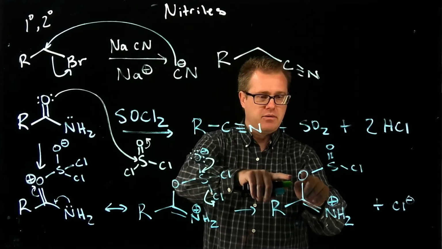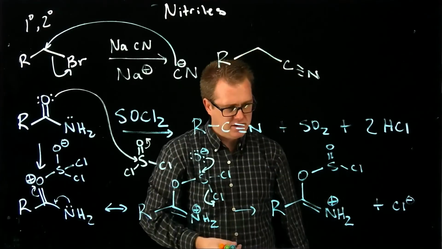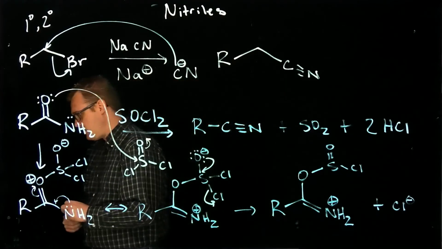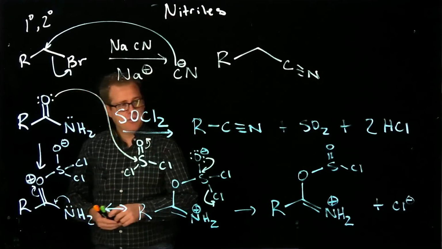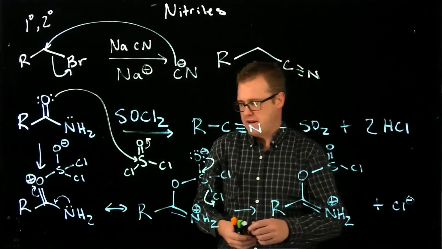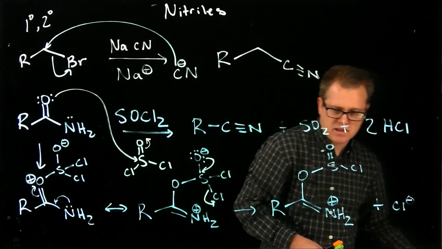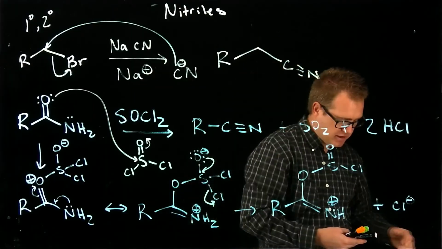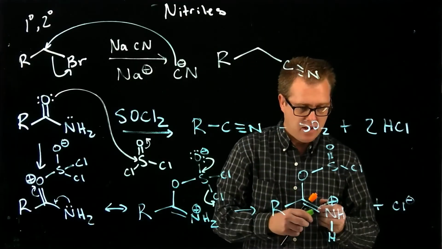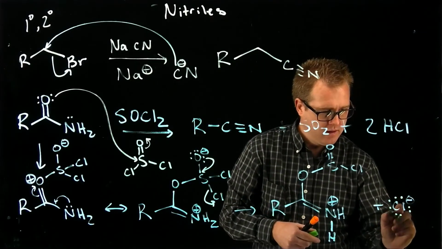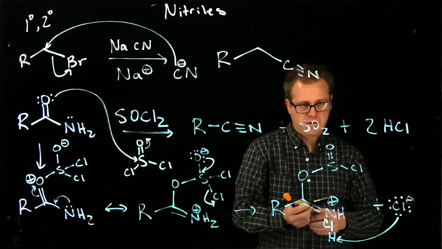We want to get rid of the oxygen because it's no longer there, and we've got to get rid of these 2 hydrogens on that nitrogen atom. So we can take our base, and do we have a base hanging out around here? The chloride could act as a base. So we could expand out one of these hydrogens here, and we could envision that the chloride here can come and abstract that proton, giving its lone pairs.